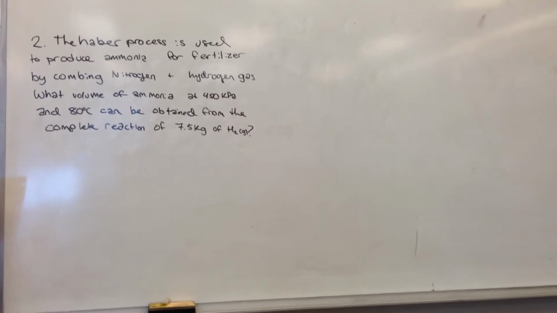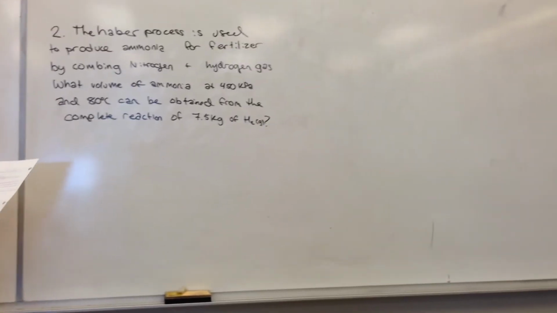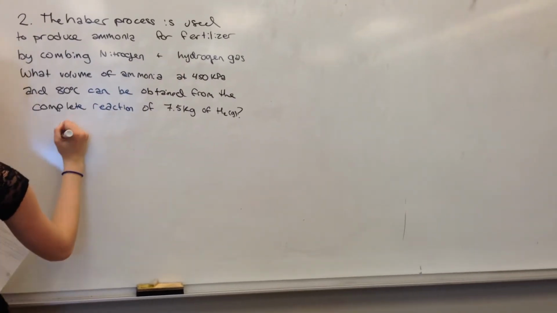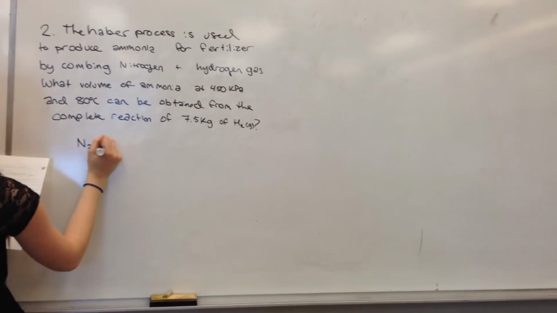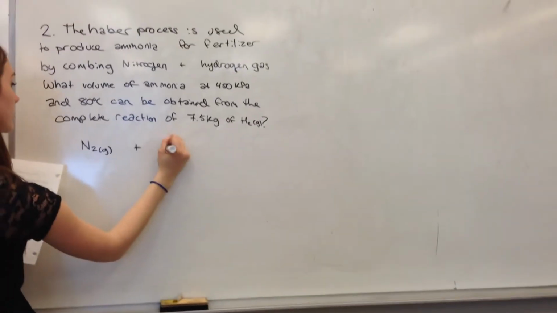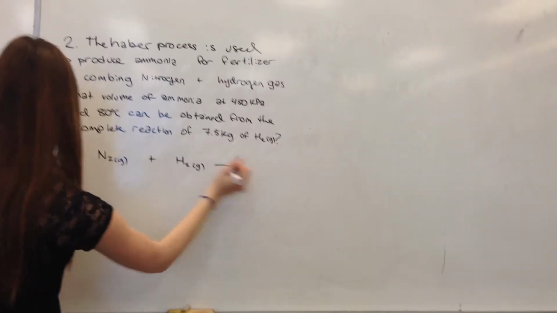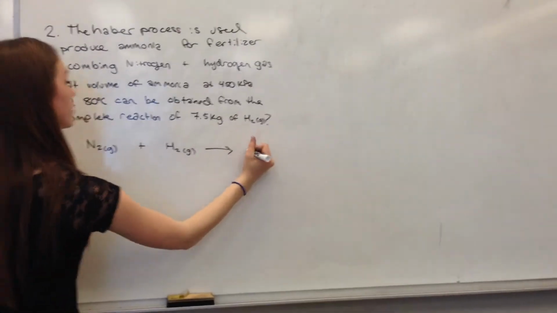Okay, so the very first thing that we need to do is write out a chemical formula. So we know that we're combining nitrogen and hydrogen. So nitrogen plus hydrogen forms ammonia, which is NH3.